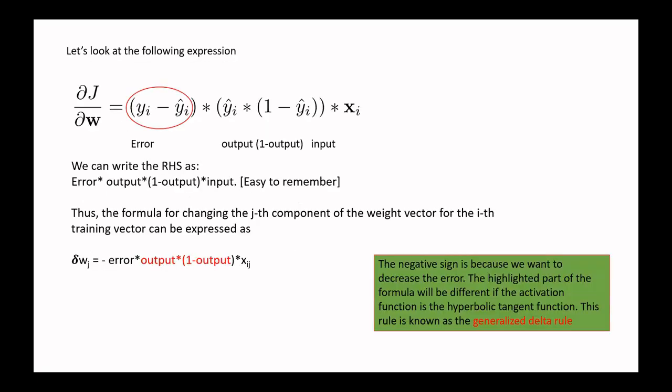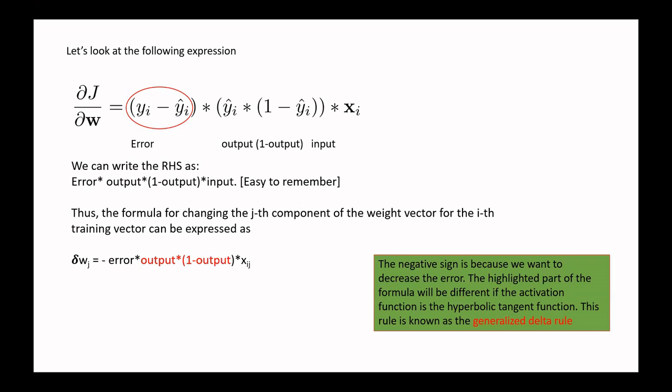So what one can do is simply look at this expression, and you can see that the first term in the expression is yi minus yi hat. We want yi, we are getting yi hat, so the difference is error.